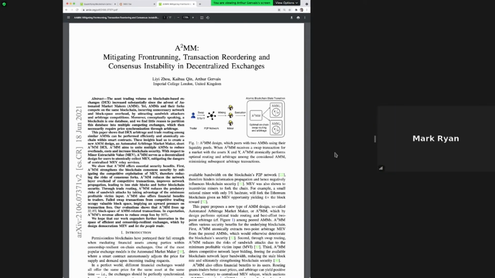Thanks. I just wanted to go back to the fundamental issue, as Arthur mentioned it, which is the reordering that the miners do, because they want to maximize their transaction fees. So they order the transactions in descending order of transaction fees. However, it occurred to me that they don't necessarily have to do that.